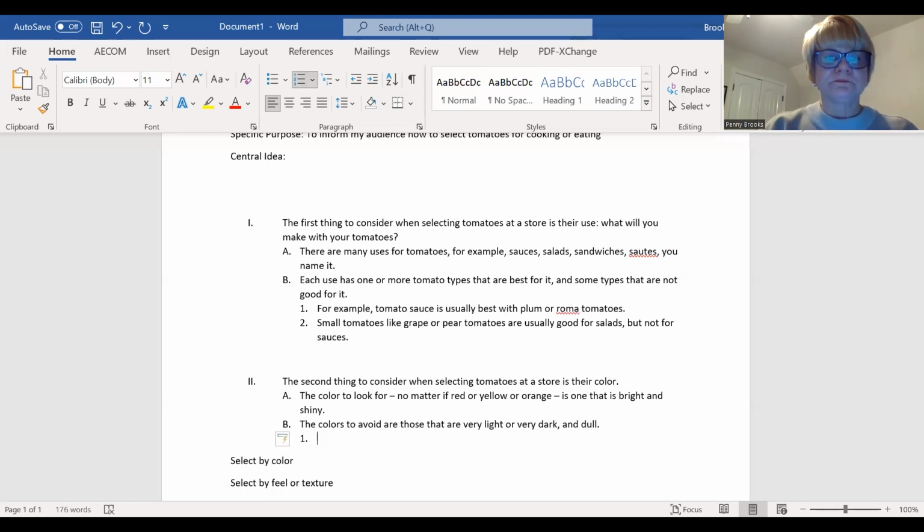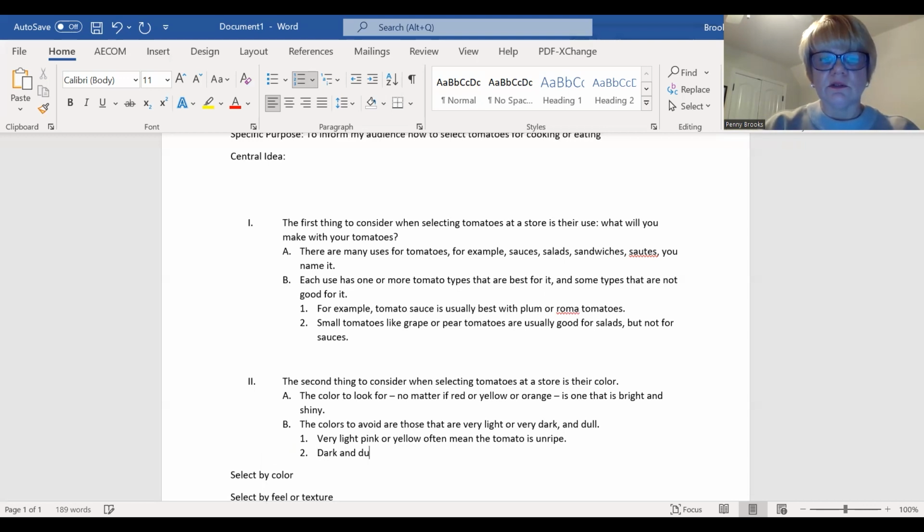One: very light pink or yellow often means the tomato is unripe. And then two: dark and dull tend to mean that the tomato is overripe or too old. Well, I think that's the same thing, isn't it? Overripe. There we go.